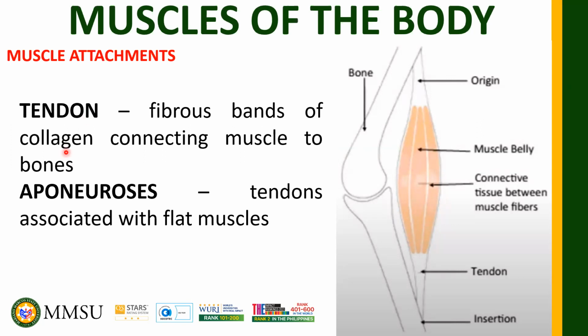I'll just introduce to you, although I have already introduced to you what is tendon. So these tendons are fibrous bands of collagen that usually connect muscles to bones. So ito usually, it is muscles to bones. So sa mga farm animals natin, yung tendons natin, aside from it attaches or it connects muscles to bones, usually sila yung responsible sa pag-transmit ng force na na-generate ng muscle contraction sa mga bones.